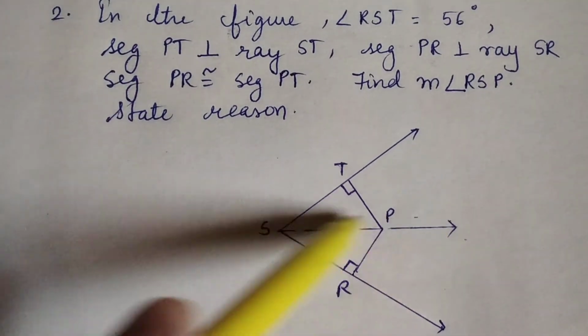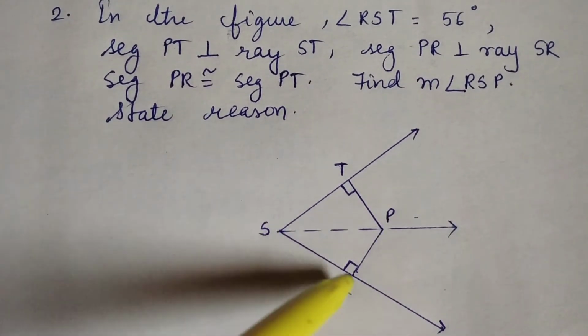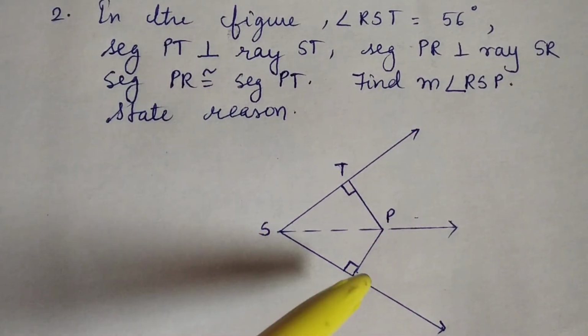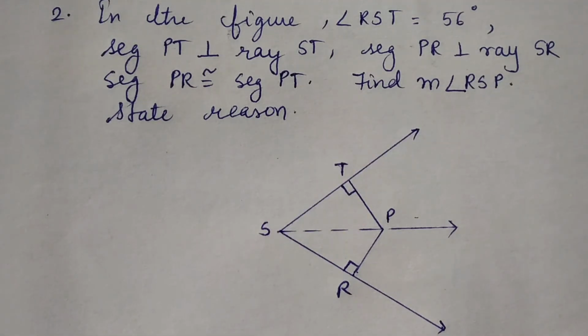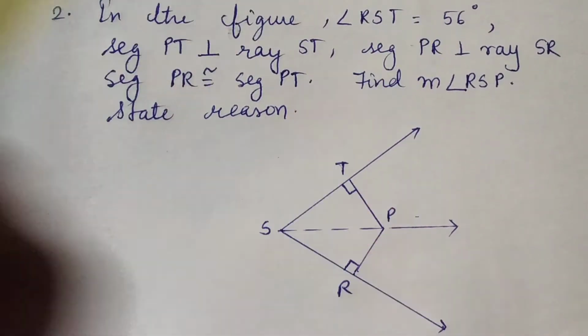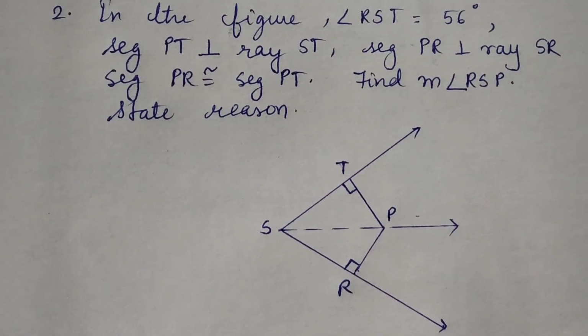Once we prove that, we can say RSP will be half of RST, so half of 56 degrees. Half of 56 is going to be 28.